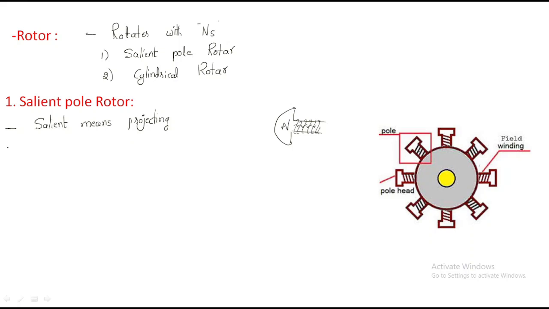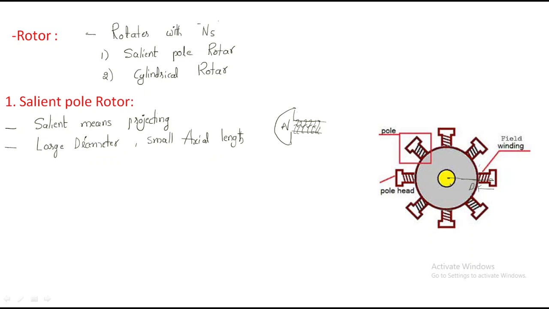This construction has a large diameter and small axial length. Axial length is less and diameter is high. Diameter means this part to this part.